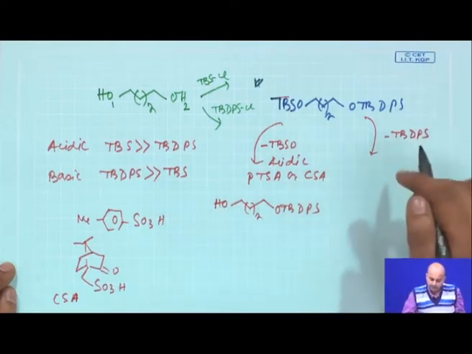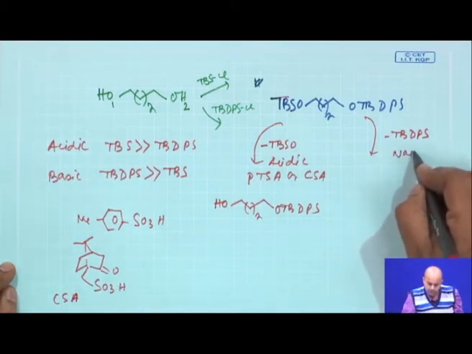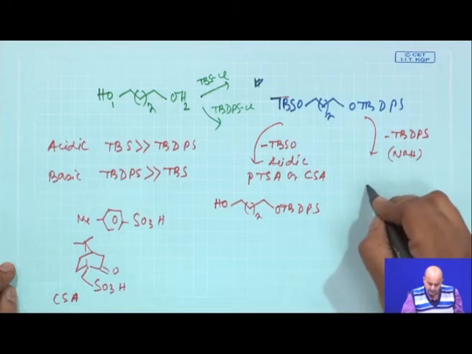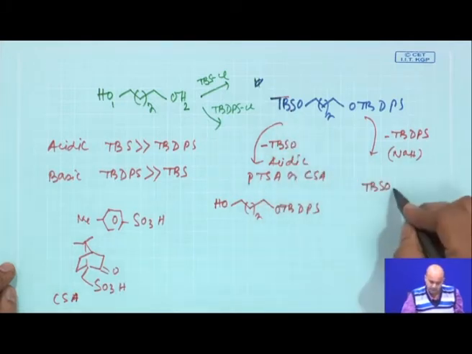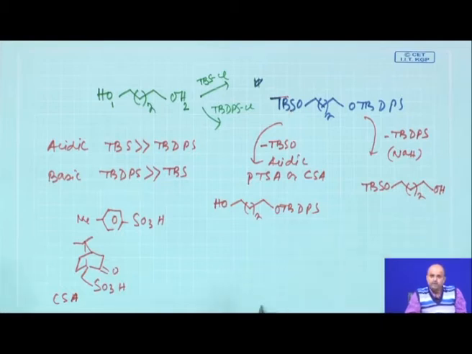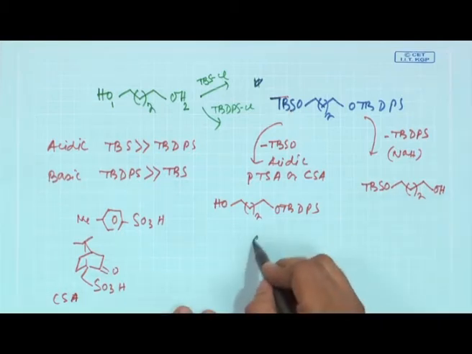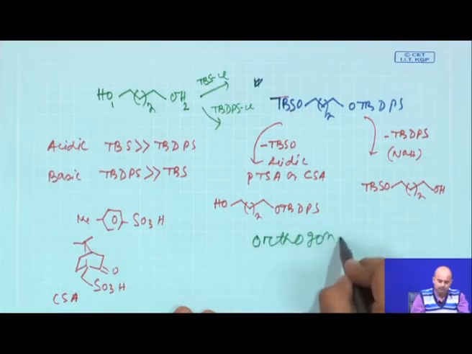Here, you can remove the TBDPS by simply treating with sodium hydride, which is a base, and this condition will not touch the TBS part and will give you this OH. This is a very nice demonstration of orthogonality of these two protecting groups.